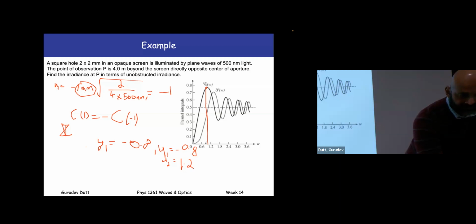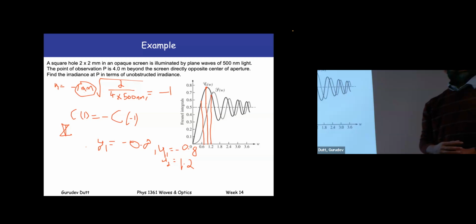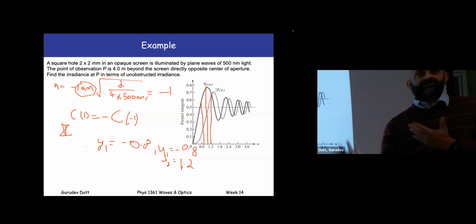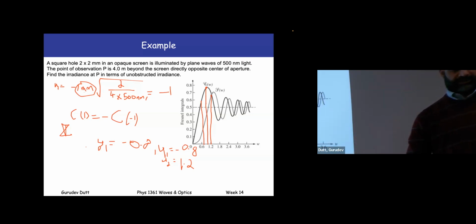So that just means that instead of finding the value for the cosine integral at exactly 1.0, I need two values, one at 0.8 and one at 1.2. And so now it will no longer just be twice the values, but I have to actually find these two values and find the difference and square that to get the intensity now.